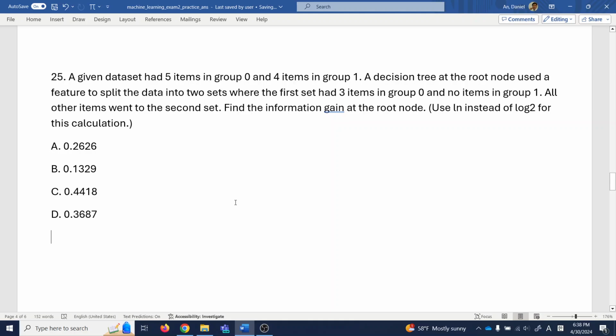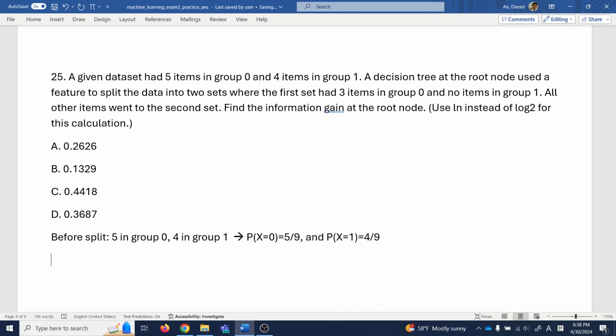So let's think about the before split. Before split, what's happening is that there is 5 in group 0, 4 in group 1, which means the probability of being in group 0 is 5 over 9, and the probability of being in group 1 is equal to 4 out of 9.